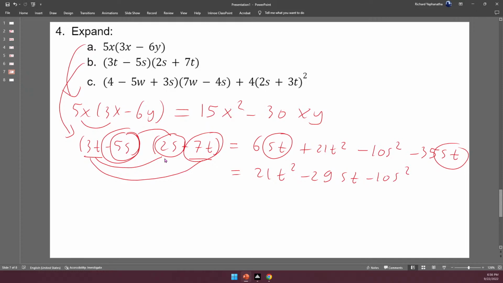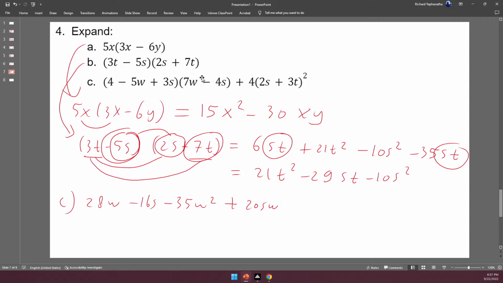I will go back to the number 3. And then for the c, because it is now bigger, but actually the same, so we will start with 4 multiplying with this one. It will be 28w. 4 again with 4s, it will be minus 16s. And then next one, 5w with 7w, it will be minus 35w squared. 5w with 4s, it will be plus 20sw.